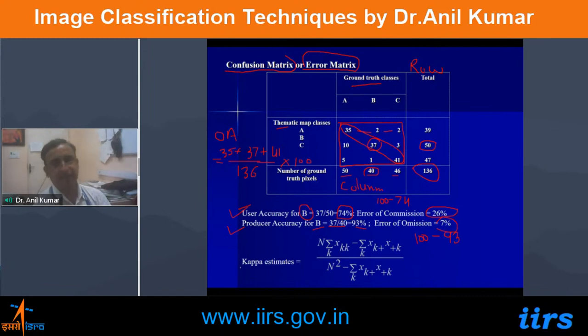The fourth parameter is the kappa coefficient. This kappa coefficient goes from 0 to 1. So this also you can calculate with respect to this formula. Here n is the total number of samples. So this is your 136.